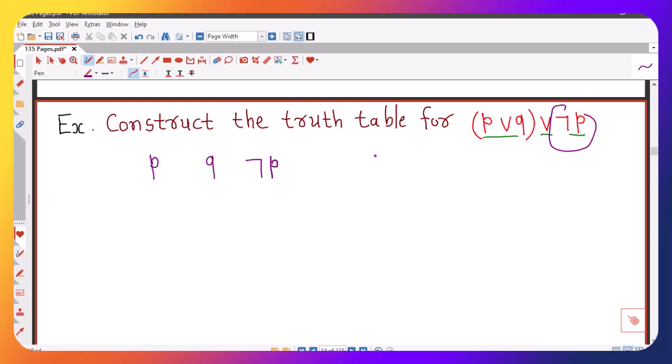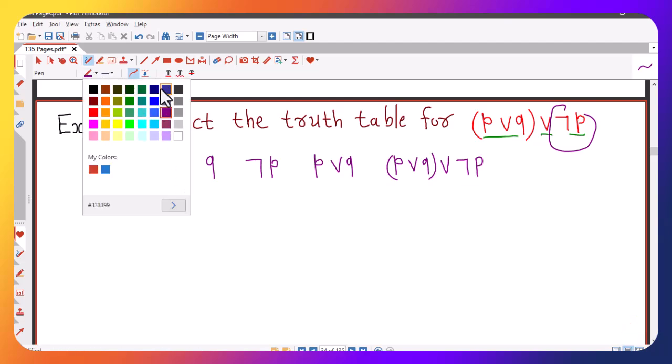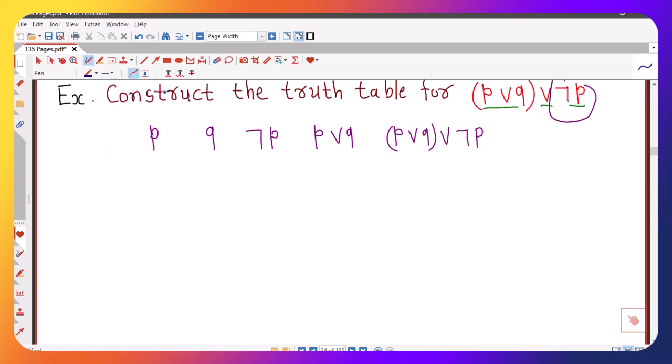So here I am writing negation of P, and I require the disjunction of P and Q, and after that I require the disjunction of P or Q and negation of P. Because I have two propositions or statements, I have four possible combinations for the truth values of P and Q. For P we write T, T, F, F. Then for Q we write T, F, T, F.